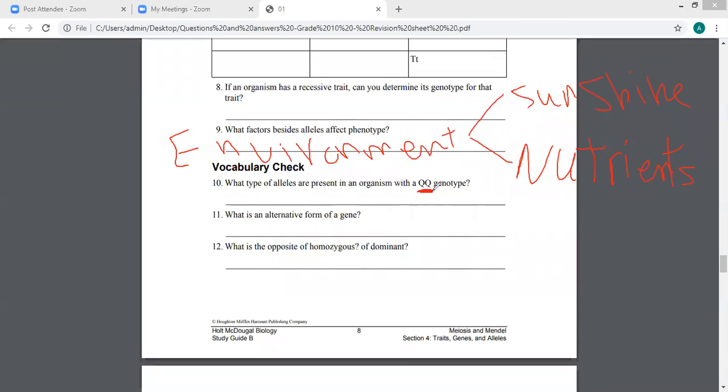Dominant is written in capital letters, recessive in small letters. So the answer in number 10: homozygous and dominant.